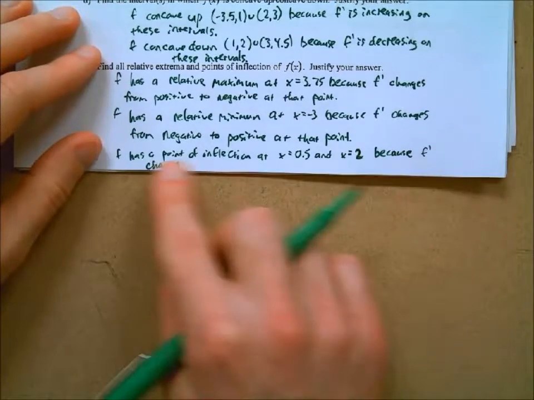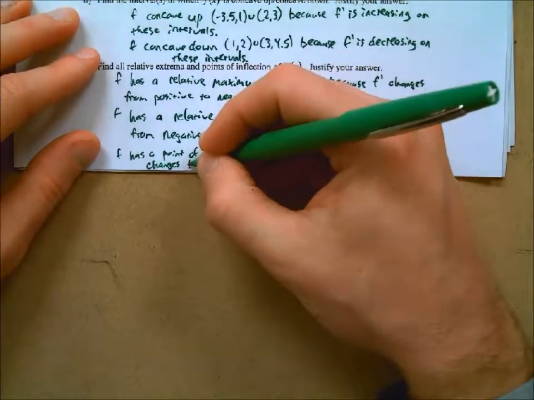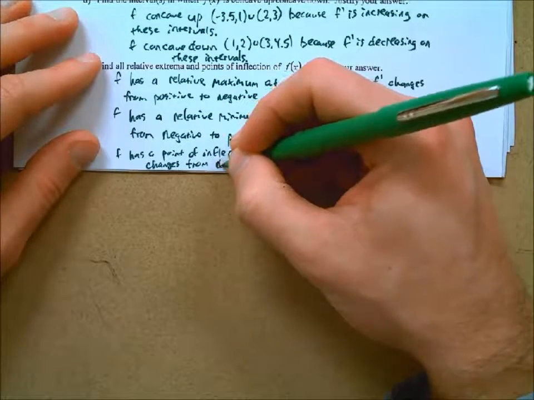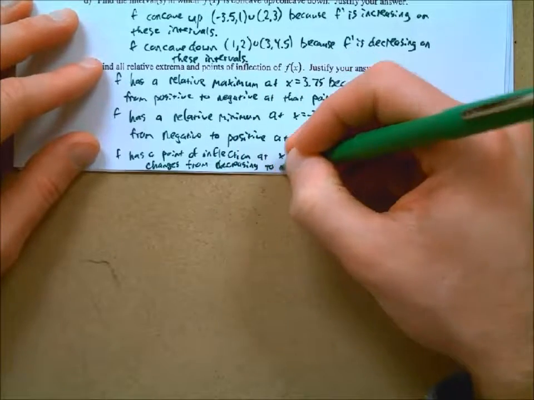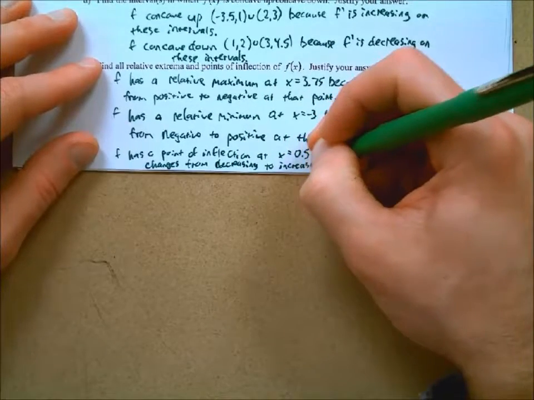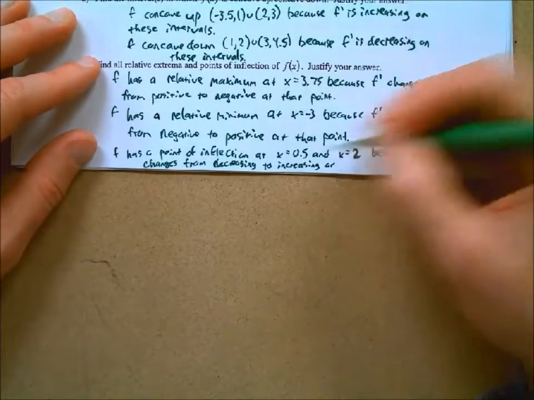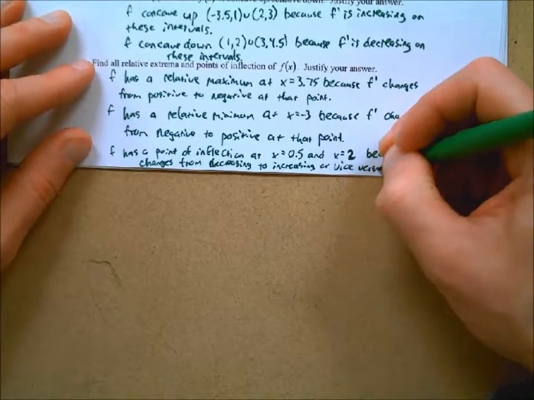Well, we have a point of inflection because f prime is changing from increasing to decreasing or decreasing to increasing. So I'm going to say because f prime changes from decreasing to increasing or vice versa at these points, and I think that is sufficient.